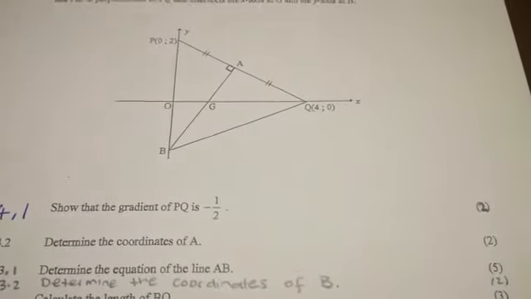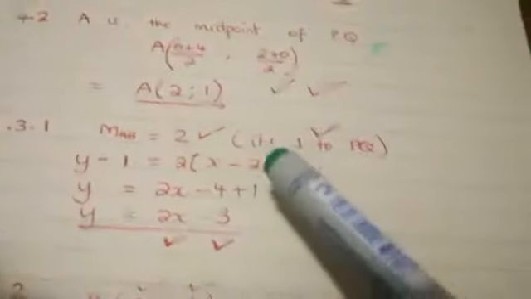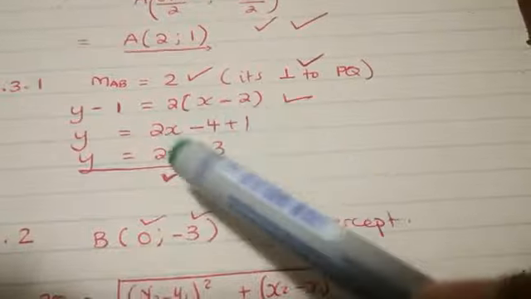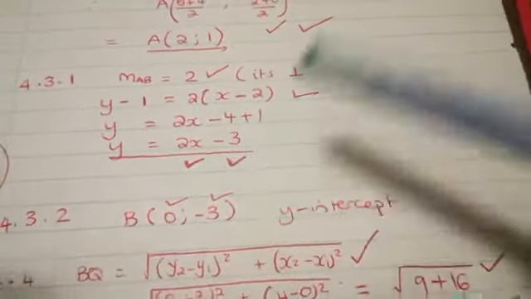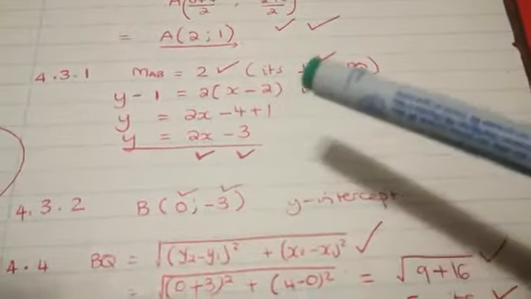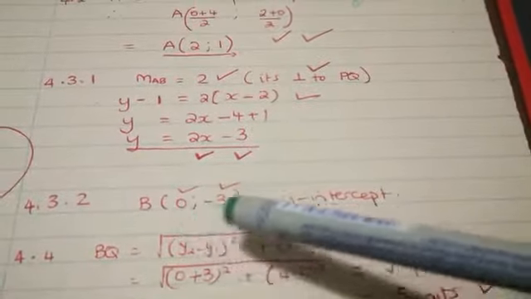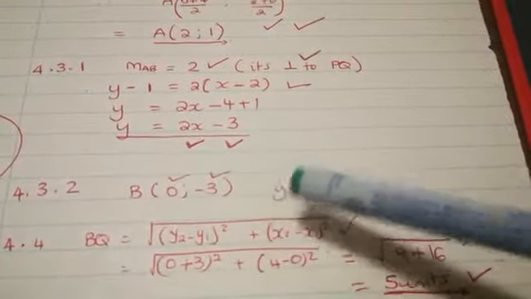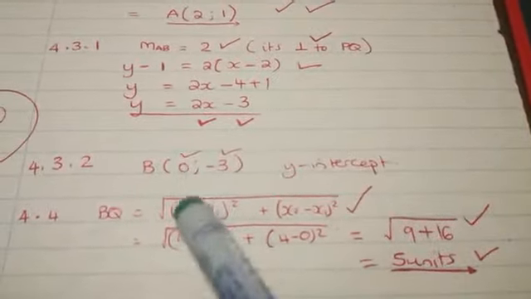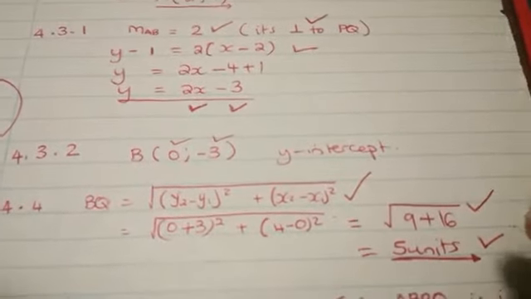So the y-intercept is obtained from there, or you can substitute x equals 0 into this equation. So it comes out as (0, -3). So those are the coordinates of B.